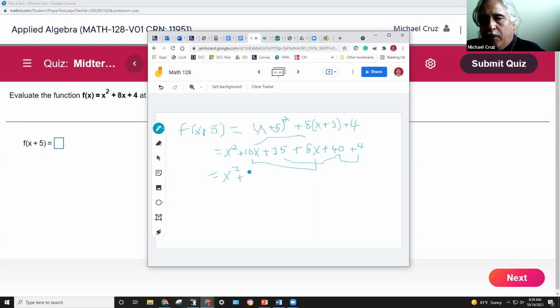These are all going to be positive, so 40 and 25 is 65, plus 4 is 69. So that's all you can do.